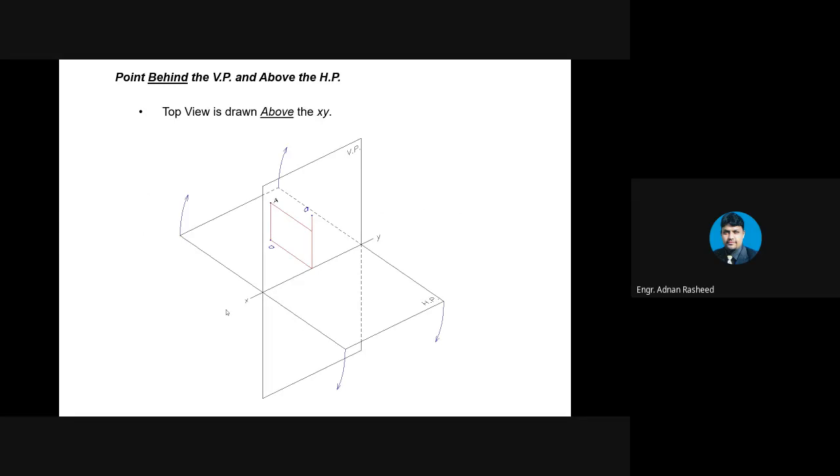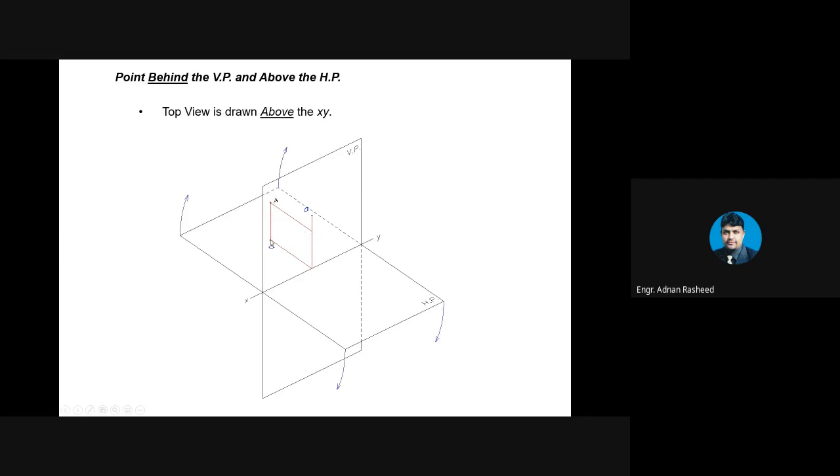Now, this is another scenario. This point is behind the vertical plane and above the horizontal plane. You can see this point A is behind this vertical plane, but it is above the horizontal plane. In this scenario, if you are watching it from here, its frontal view will be this point A dash, and its top view will be this.